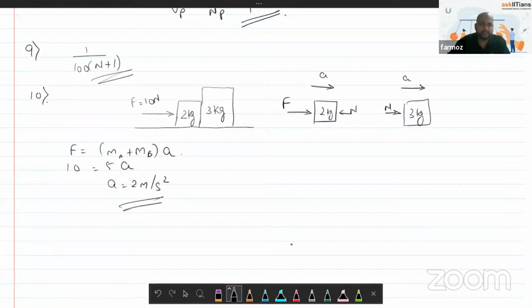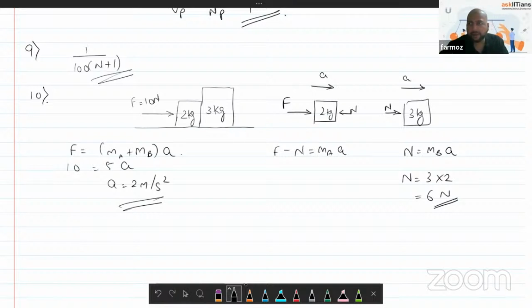Now the equations are F minus N is equal to MA, and N is equal to MA. You have the value of acceleration, so your normal reaction becomes 3 into 2, that is 6 Newton. So over here the answer is 6. That's it. Clear? That is your option number 3.